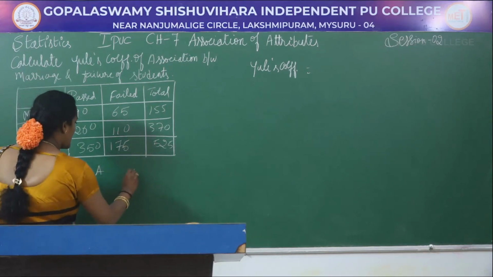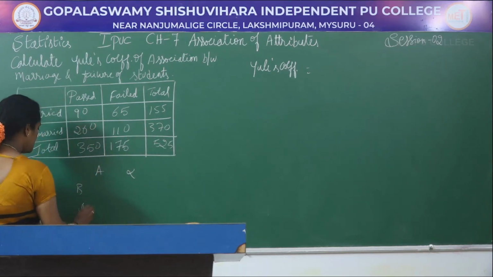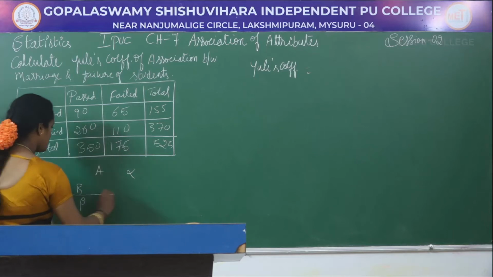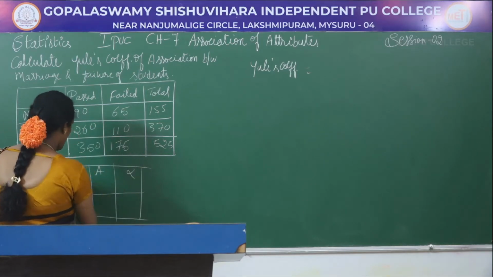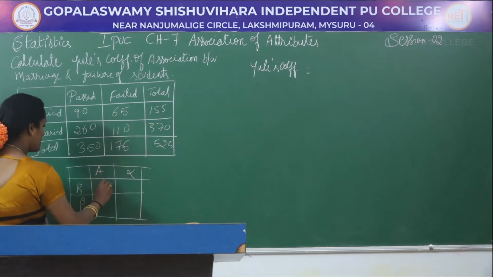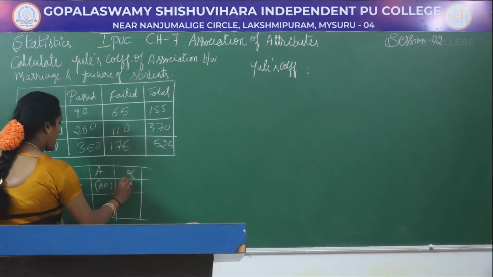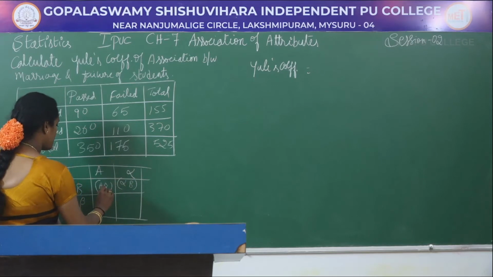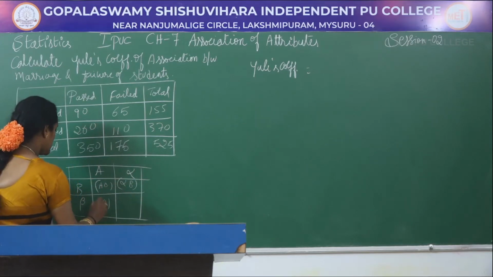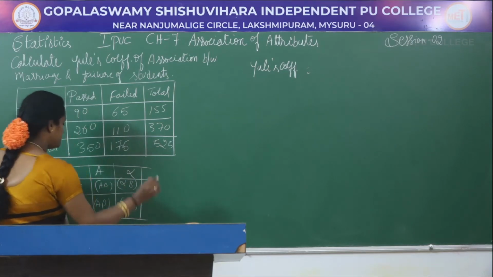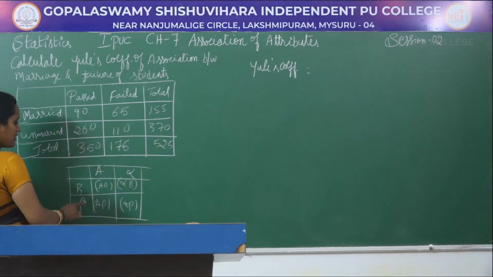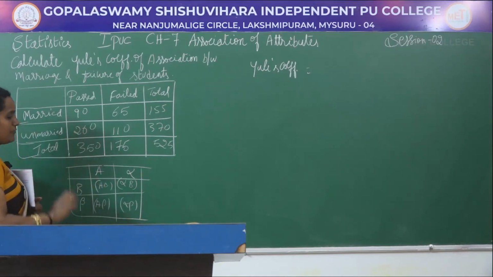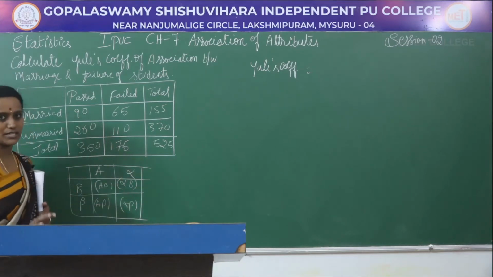It is A alpha, B beta; this is AB, alpha B, A beta, alpha beta. So this is our general format, and here you will get the total n.